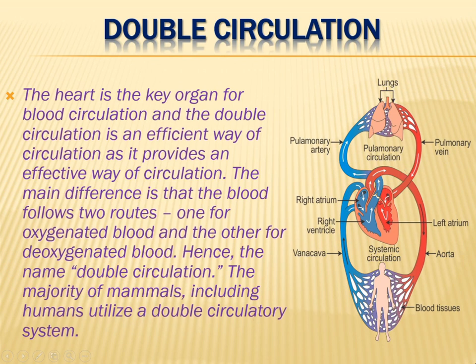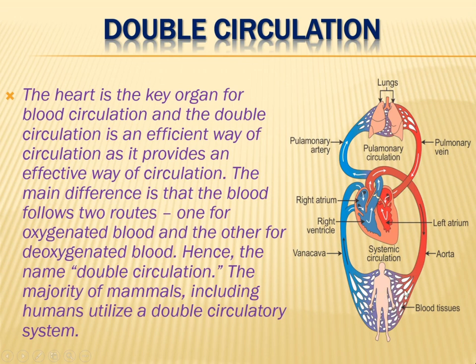Now basically what is happening is this. The lungs are giving the oxygenated blood, and this oxygenated blood is moving into the circulation, and then it is going to the heart, and then from the left atrium it is moving back to the tissues, to each and every part of our body.